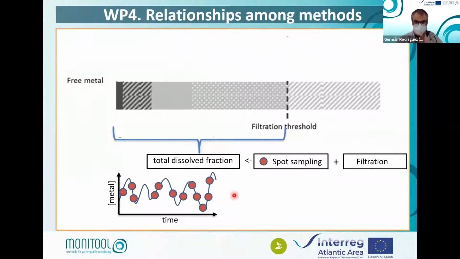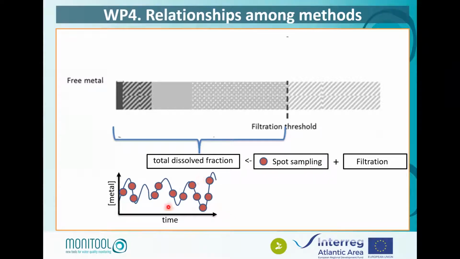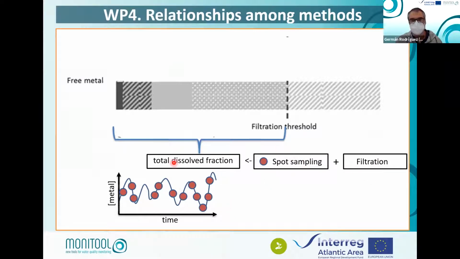So for measuring the dissolved fraction, we have a period of time, and we have a metal concentration, the blue line, that is varying in the environment. We can do a spot sampling, and after filtration, we can measure the total dissolved fraction, that is this part of the metal.